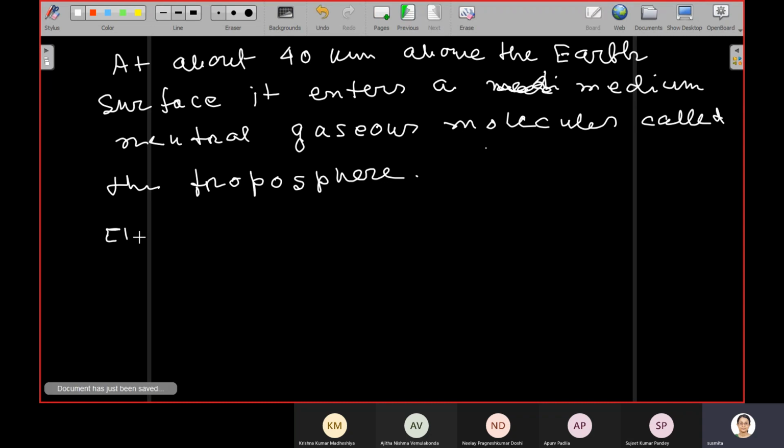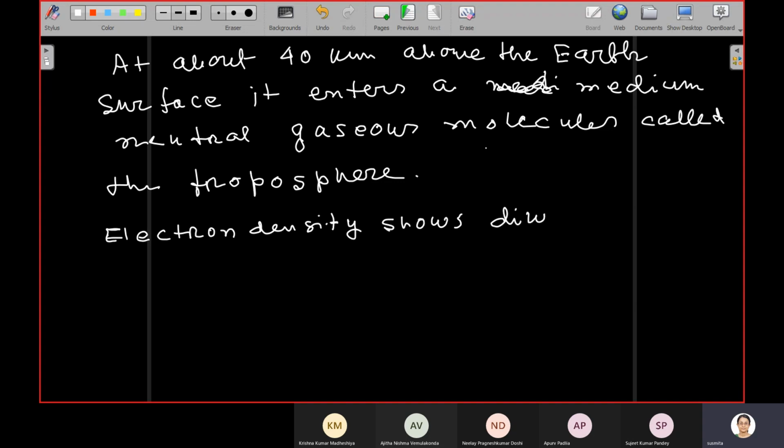So the electron density shows diurnal variation, meaning variation between day and night, and seasonal variation.